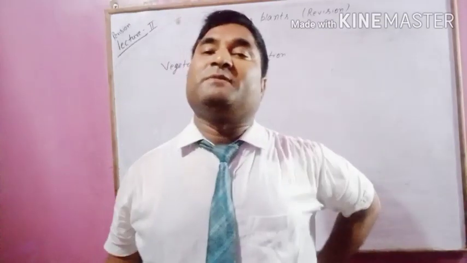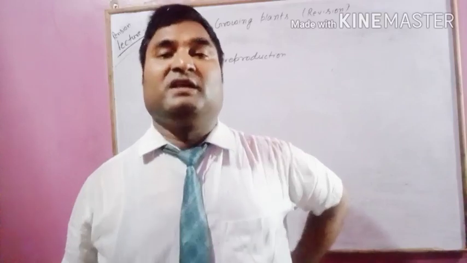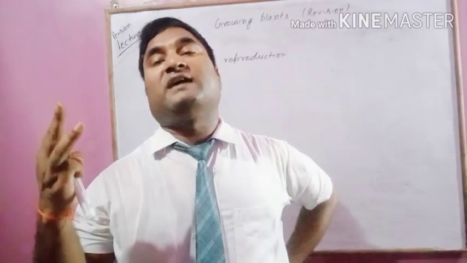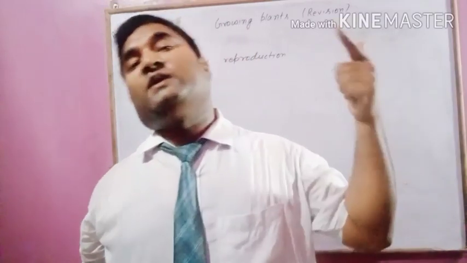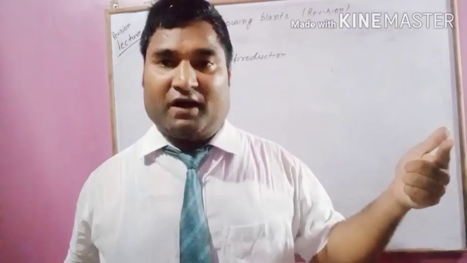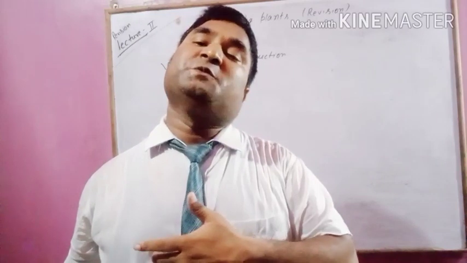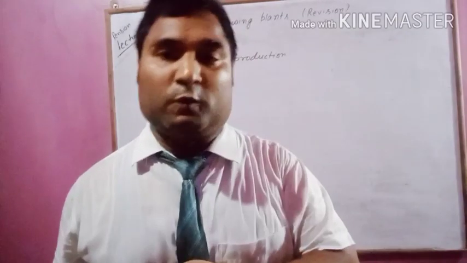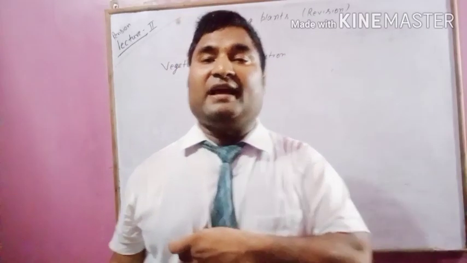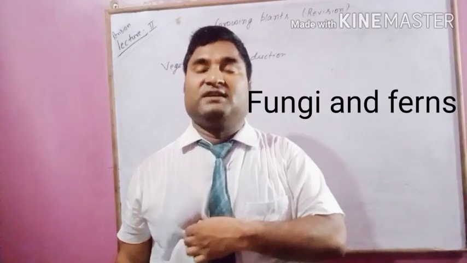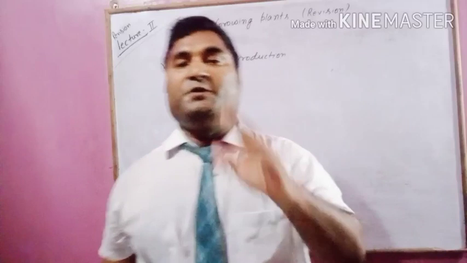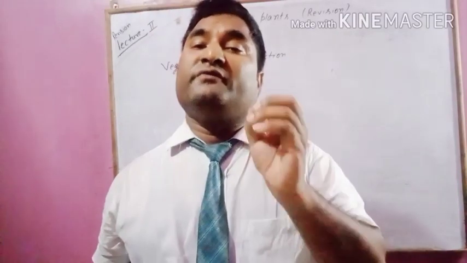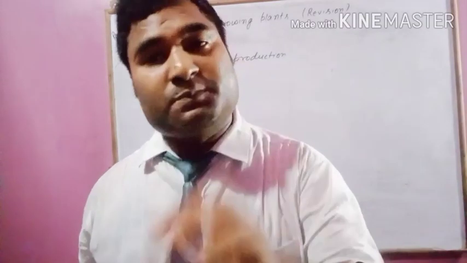You have to just remember the examples. Third, we have told that first is growing with the help of seed, second with the help of body parts, third is growing new plants with the help of spores. In ferns and fungi, new plants are grown with the help of spores.